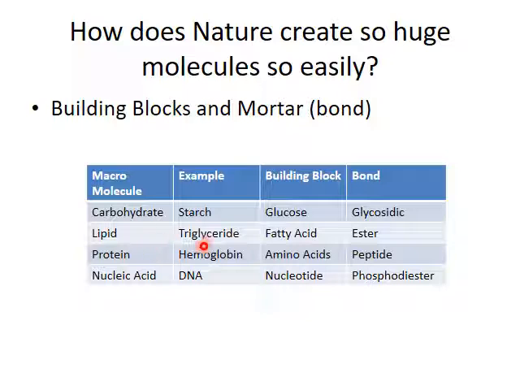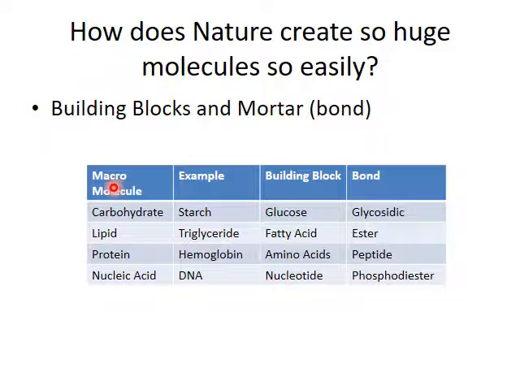An example of a lipid is a triglyceride. That's the big molecule, and the building blocks of that are fatty acids. The mortars are esters. For proteins, the building blocks are amino acids. And for nucleic acids, the building blocks are nucleotides.